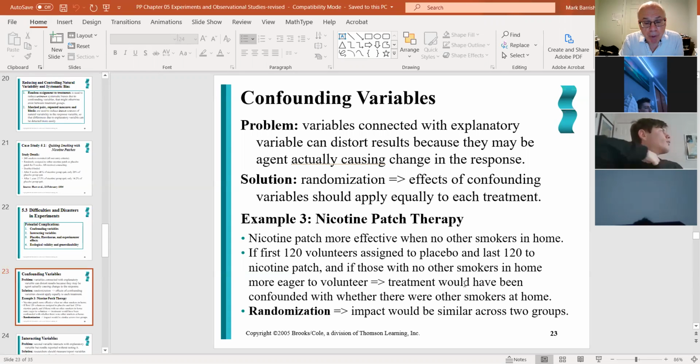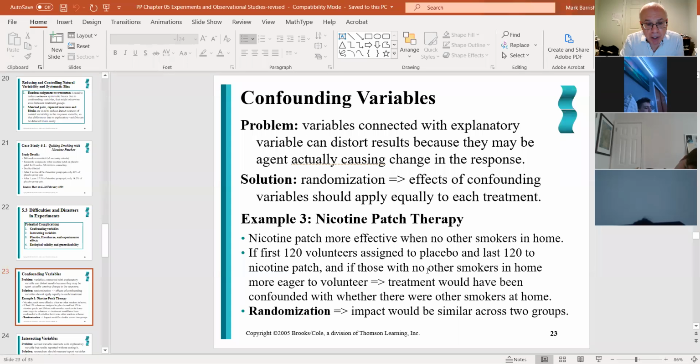Now, here's an example. They said if we didn't do randomization, and some people came in as smokers, some people got the patches, some people didn't, but they were not randomized.